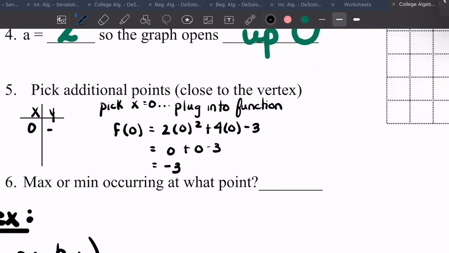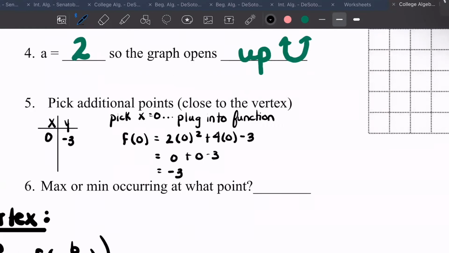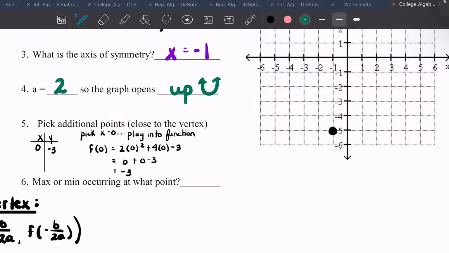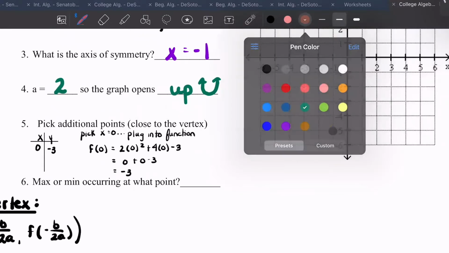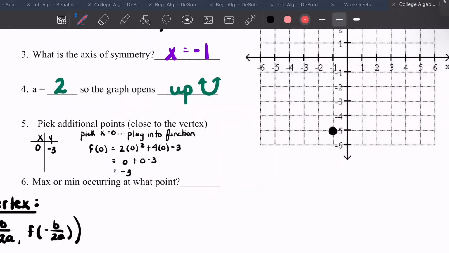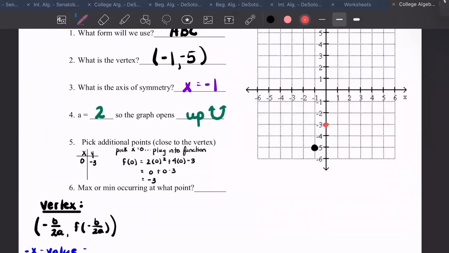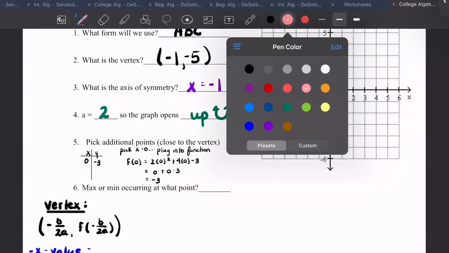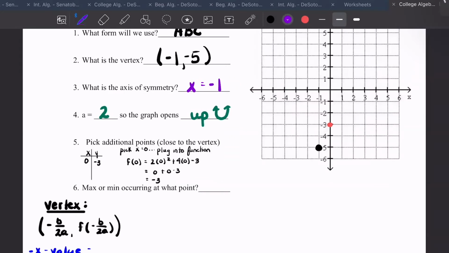So an additional point that we can plot is 0, -3. Okay. Now let's label our axis of symmetry. And we know it's going to go right between that vertex. I'm actually going to, there we go.